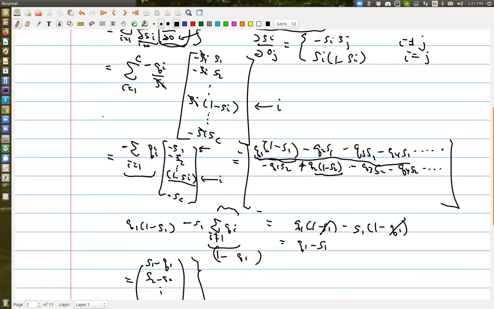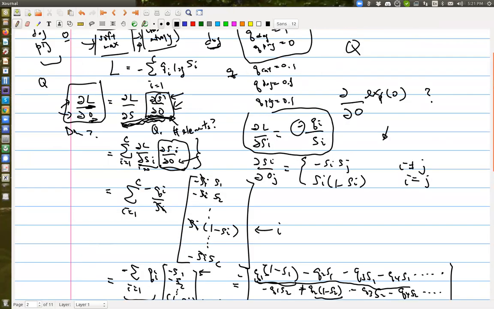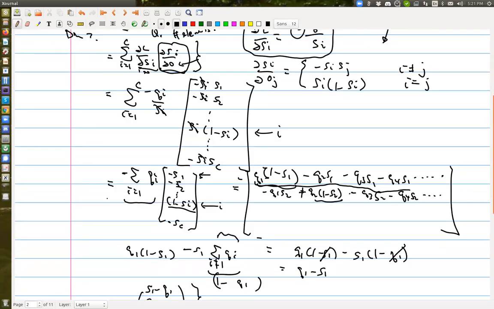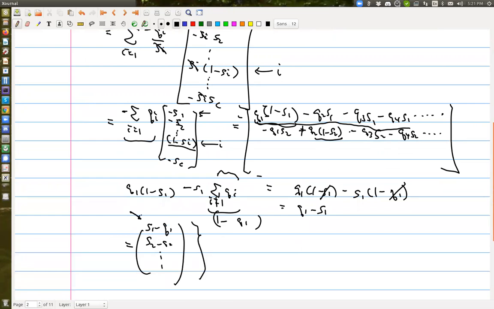So basically, this is saying how we should adjust. Think of it this way: if my output softmax value is already equal to Q, then I have nothing to change, right? So the gradient will be equal to 0, right?